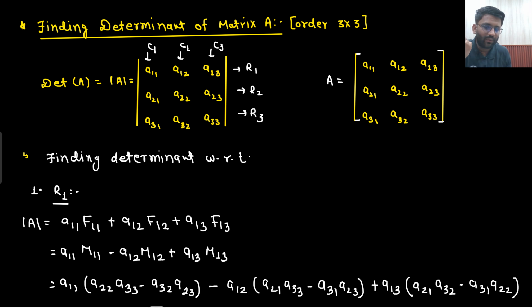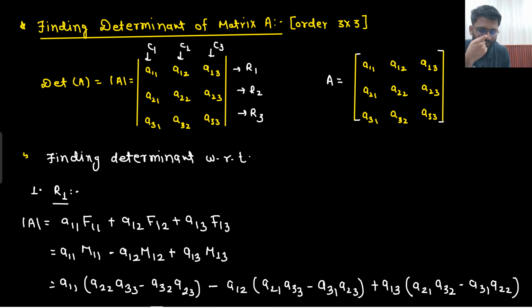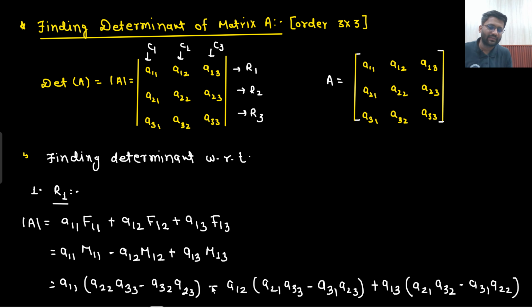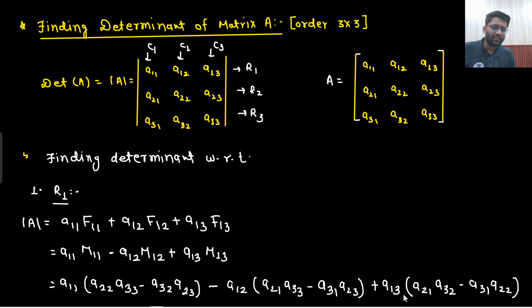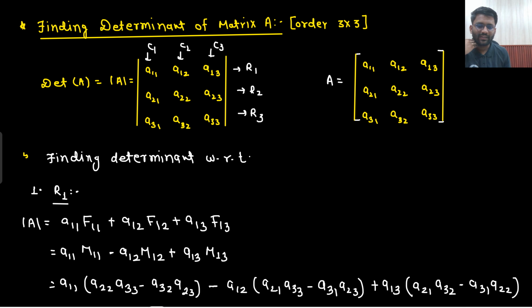Then another minus sign, A12 A21 A33, plus, because minus minus will become plus, A12 A31 A23, plus A13 A21 A32, then minus A13 A31 A22. There you go, this is the answer you are getting. I hope the calculation is all fine.